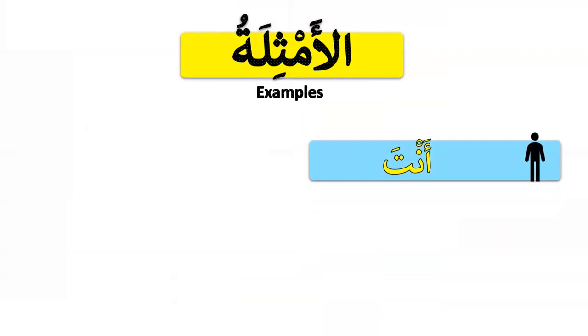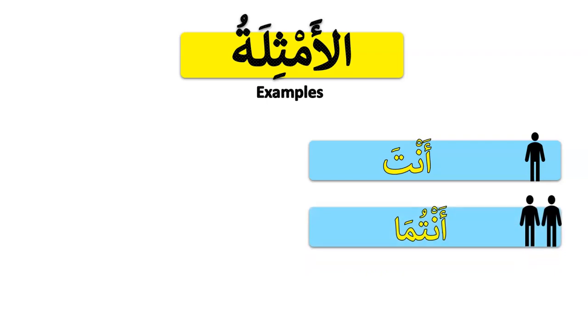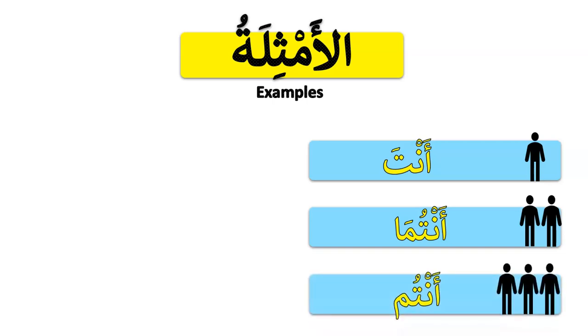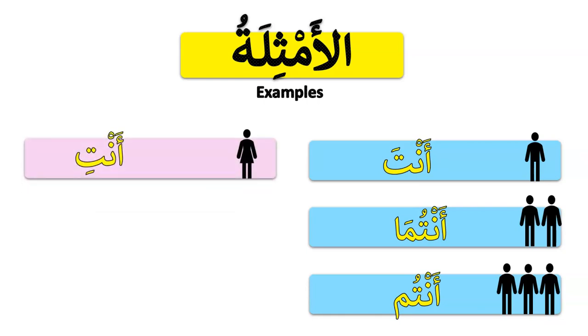All right, let's recap this. أنت, that's singular masculine. أنت, you are. The second one is أنتما, both of you. That's dual masculine or dual feminine, by the way. That's the third pronoun. أنتم, all of you, 3 plus. That's number 4. أنتِ, again, what is أنتِ representing?